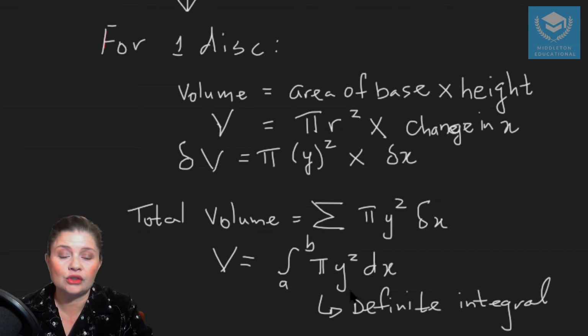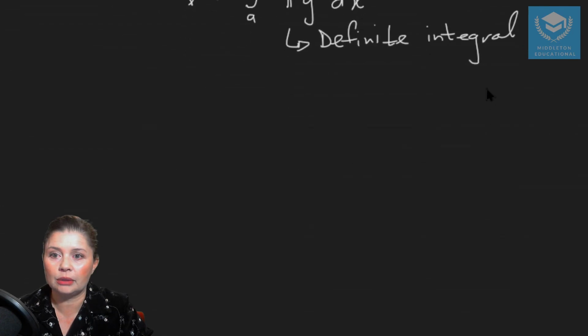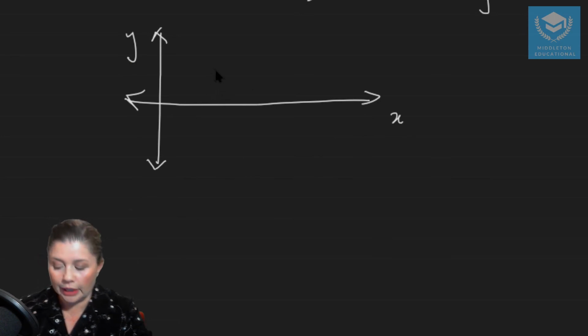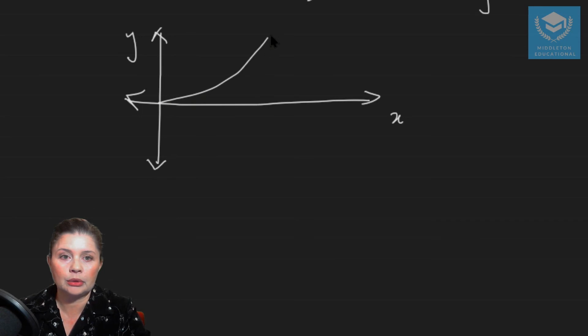So if we look at an example, I'm going to do a simple example. Say we have a function, a parabola, like that.